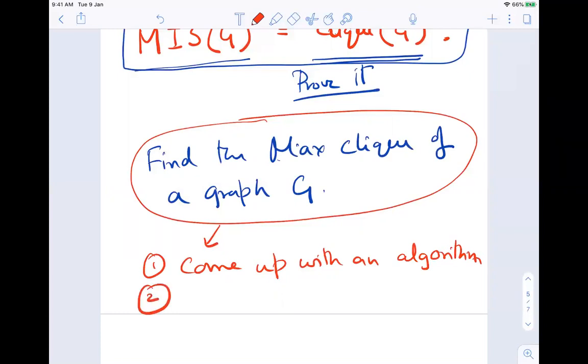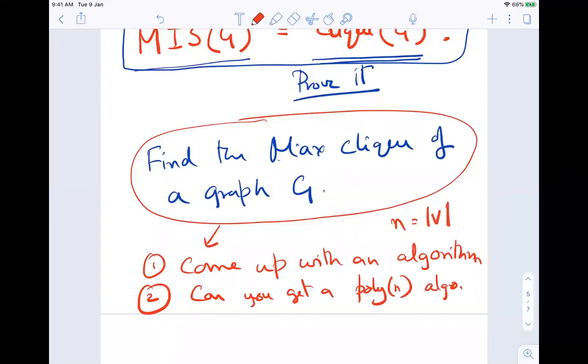First of all, come up with an algorithm, and here I am not insisting on any time complexity. And then the question is, can you get a poly in n algorithm? Whenever I say n, what is n? Remember that n is always the size of V, always, whenever we talk about graphs.